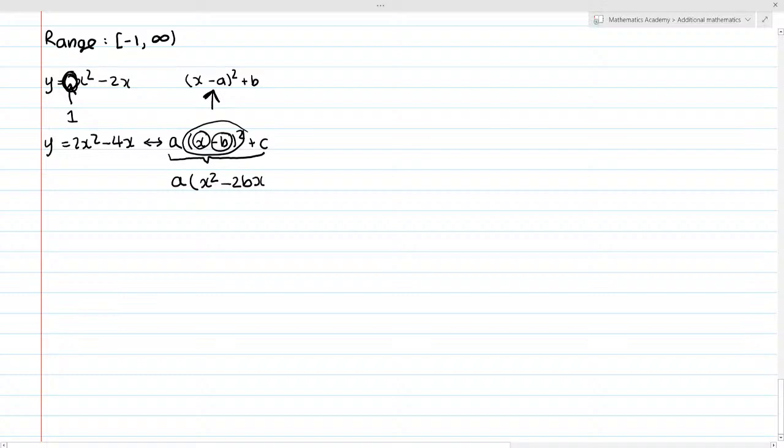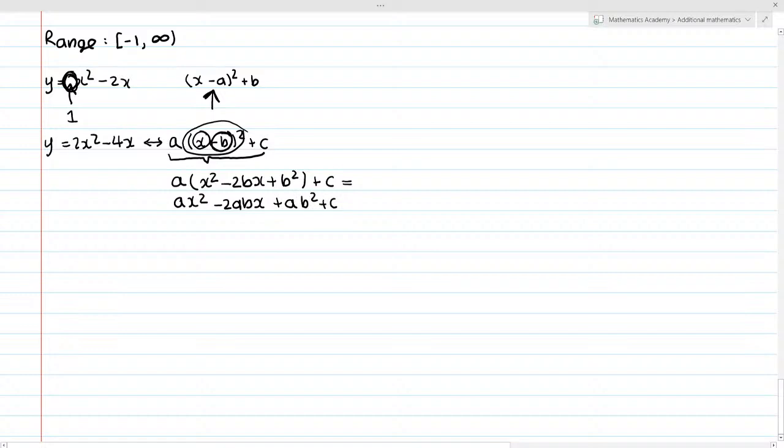This is minus b and this is x, which gives us minus bx, but then we multiply by 2. And then we add the square of this term, and this term is minus b, so when we square it, we just get b squared. The minus goes away, and then we add c. That gives us ax squared minus 2abx plus ab squared plus c.